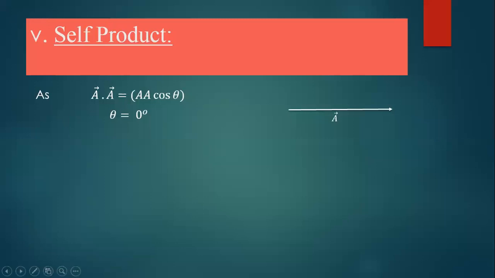Since the angle between both vectors is 0 degrees, A dot A becomes equal to A into A cos 0 degrees. Since cos 0 is equal to 1, the dot product becomes equal to the square of its magnitude. So this is characteristic number 5.